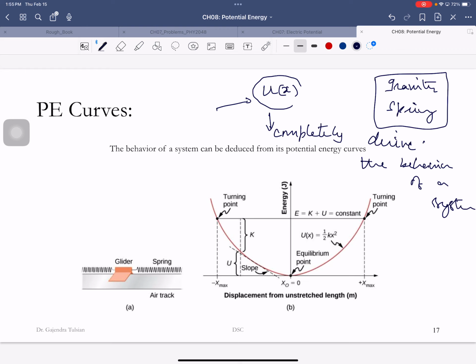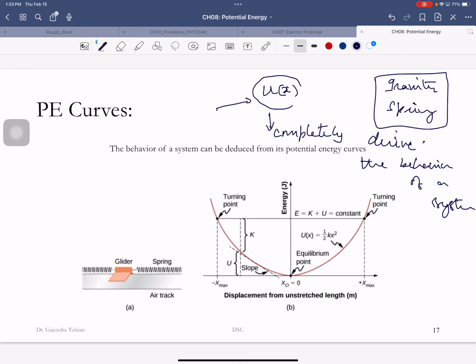So there's a system here, and if you want to describe the behavior of the system, all you have to do is throw the potential energy function at it, and then you can figure out how the system will behave. What this does is you can calculate the force.